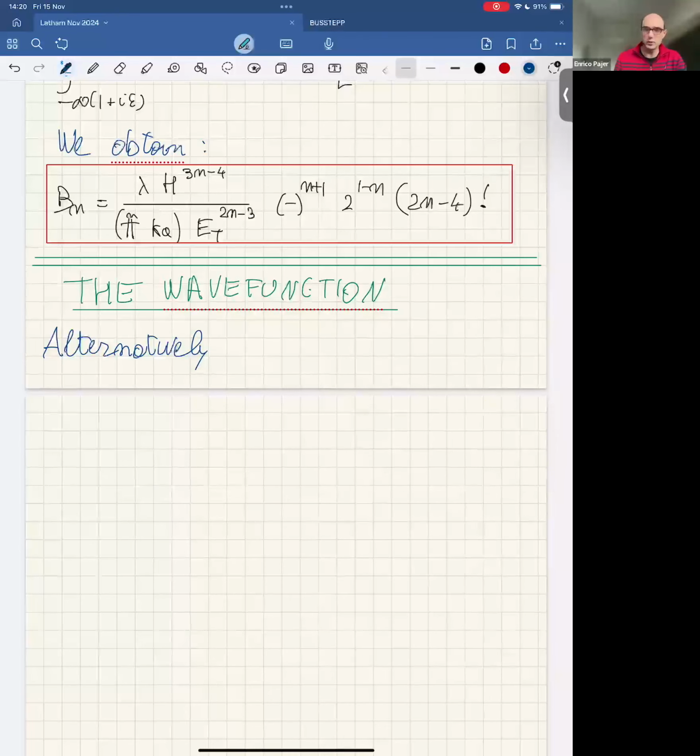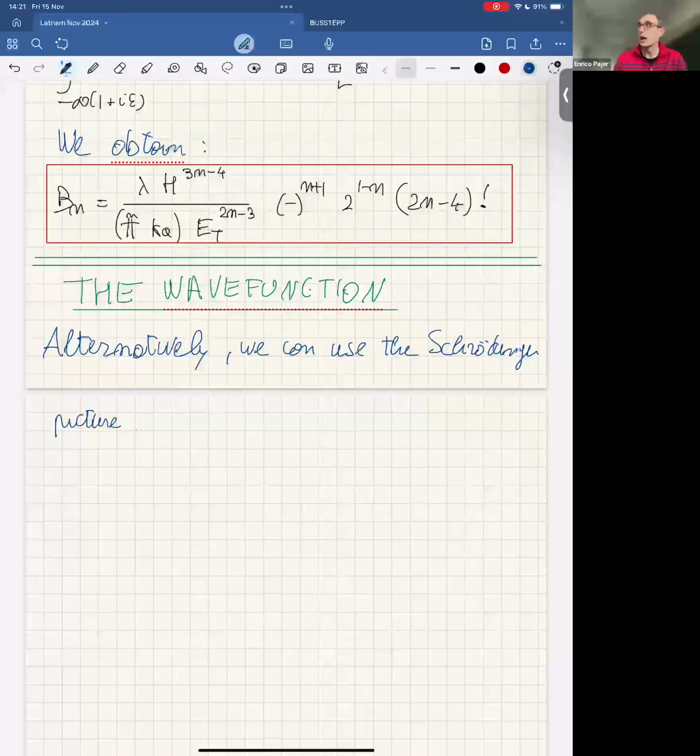So alternatively, instead of doing what we have been doing so far, we can use the Schrödinger picture for quantum field theory, which is not what usually people do. Usually people use the Heisenberg picture, so they never evolve the state, but they evolve the operators. Well, we're going to evolve the state as we did when we learned quantum mechanics. Okay, so this wave function is the one that solves the Schrödinger equation.